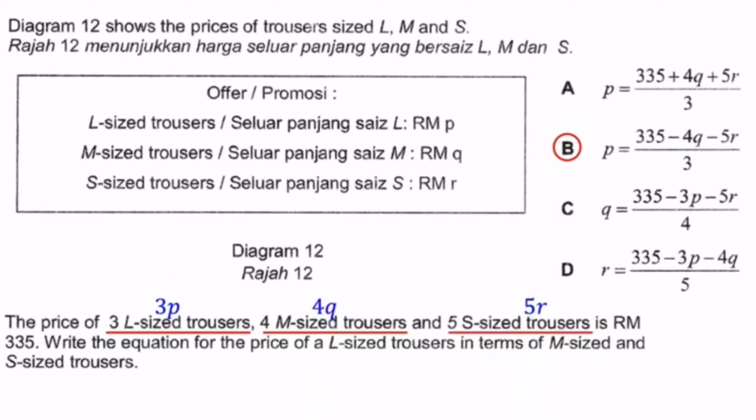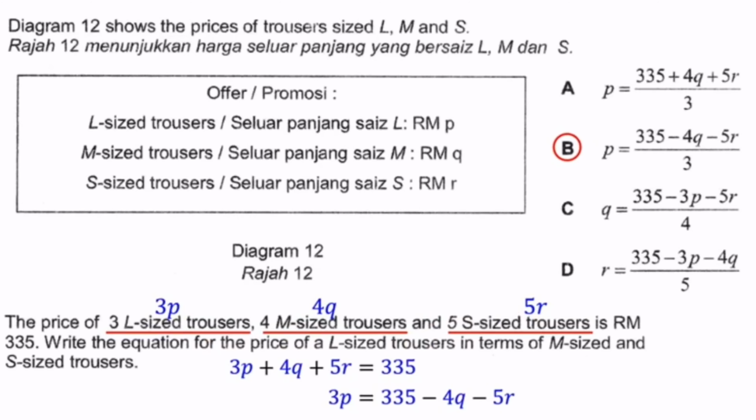So basically we will try to label accordingly before we can figure out the answer. So you have to label first. So you label like this. You have 3 L size, so it's 3P, and then you have 4 size M, so 4Q, and then you have 5 for size S, so it's 5R, and the total price is 335.